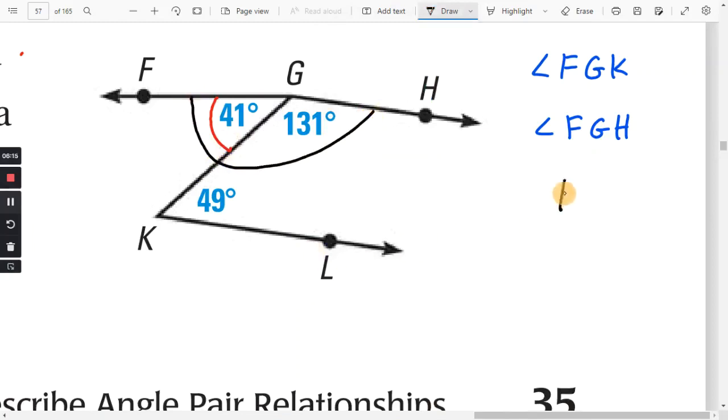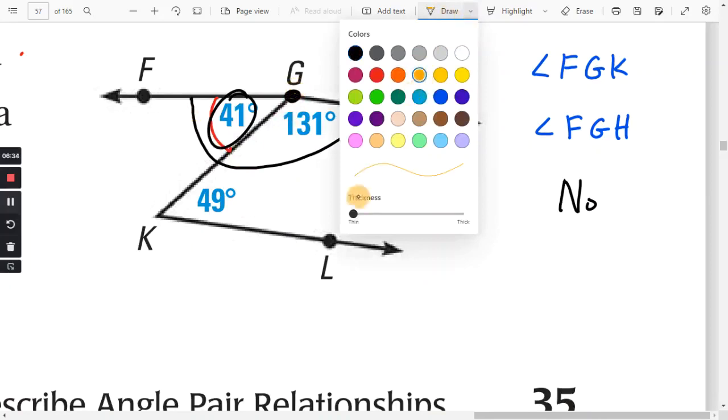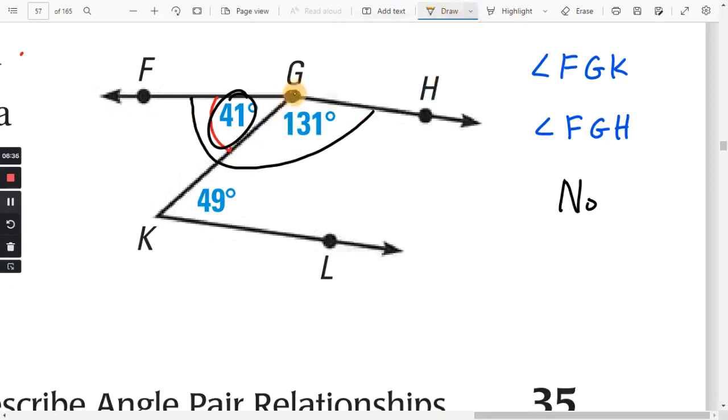No. They do share the same vertex, but this side right here isn't shared by both angles. Also, this angle is inside the whole thing, so that's not how it works. It would have to be a common or shared side. This side right here would have to be shared by both angles if they were adjacent. It can't be one inside the other.